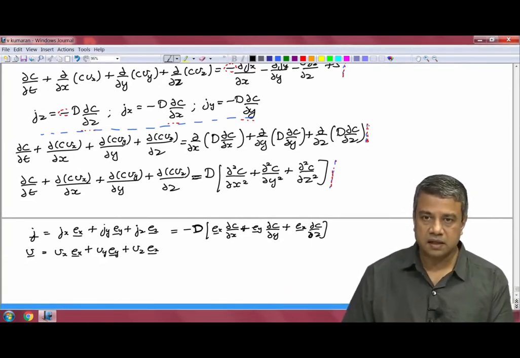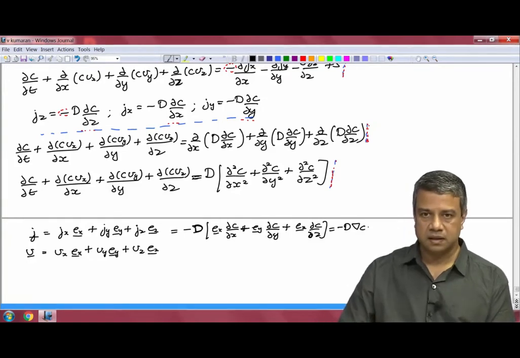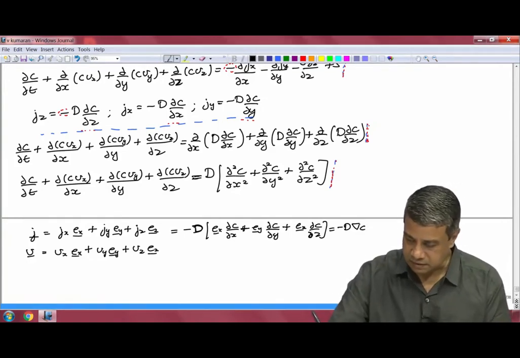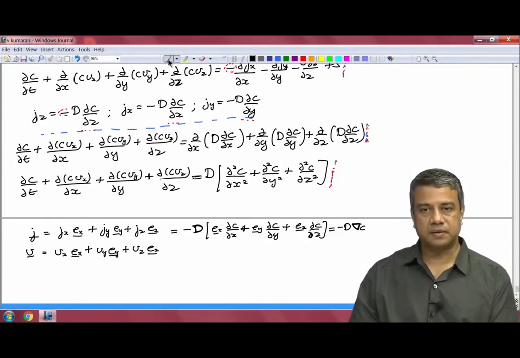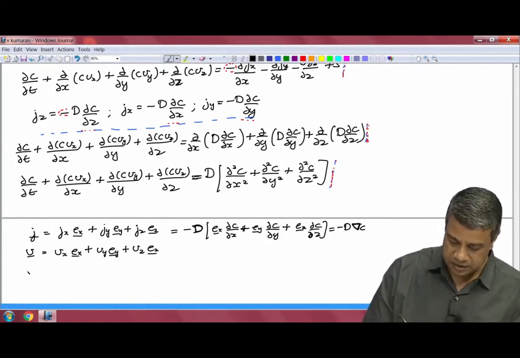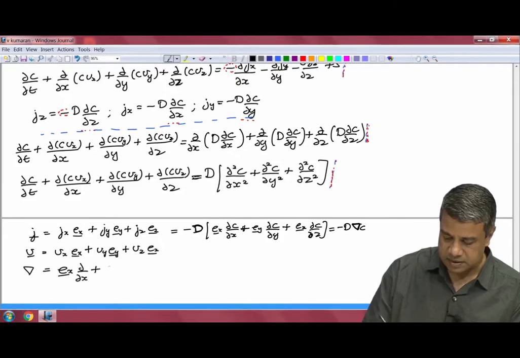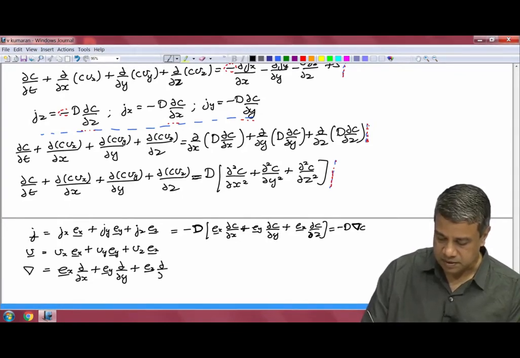And this I can write in terms of a vector operator, the gradient operator, as minus D times grad of C, where this gradient is a vector. It's an operator which acts on a field variable, which acts on a function of position, and it is defined as grad of something is equal to Ex times partial by partial x plus Ey times partial by partial y plus Ez times partial by partial z.